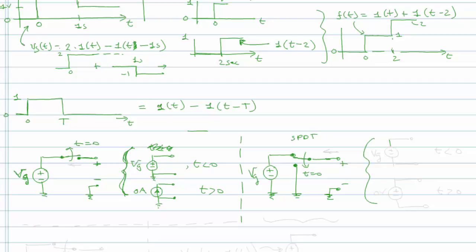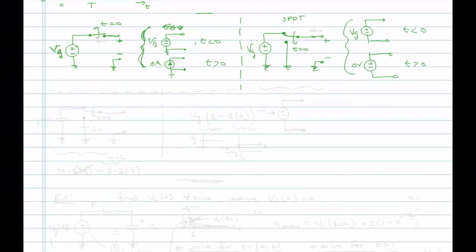The first case is VG connected to the terminals. This is for t less than 0. In the second case, we still have, if you will, a voltage source, but it's a 0 voltage source, right? Because it's a short. This is for t greater than 0. This can be represented by a voltage source that uses the unit step.